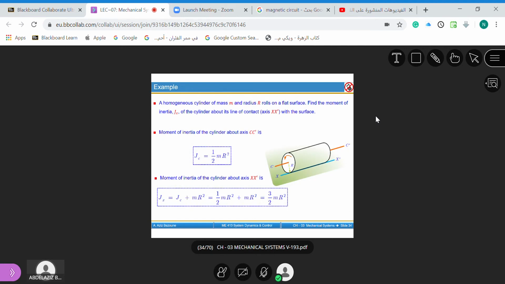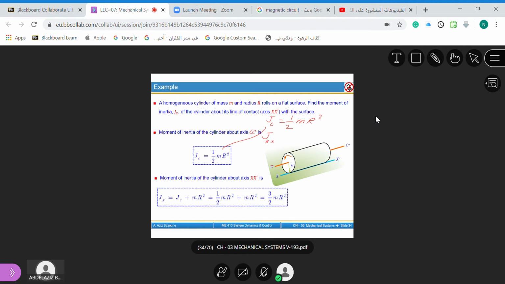Like this one here. If you look at this disk, this cylinder, the mass moment of inertia about its center of mass, the formula is given: half m r square. If we would like to calculate J with respect to x prime, the distance is from here to here.